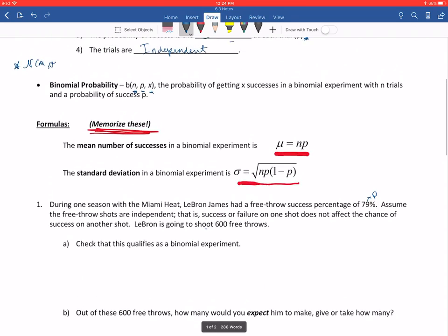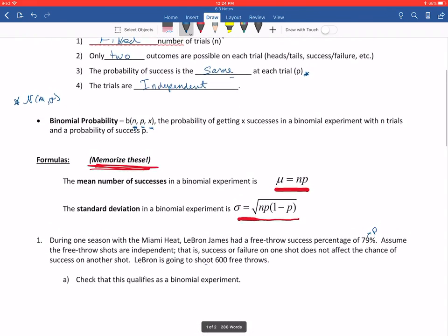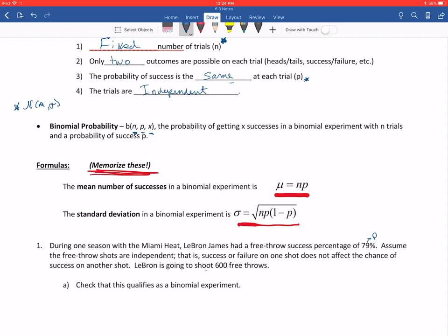First, we're going to check that this actually qualifies as a binomial experiment. We have to check that all four of those qualities are hit here. One, are there a fixed number of trials? I would say yes, because he is going to stand there and shoot 600 of them in a row.